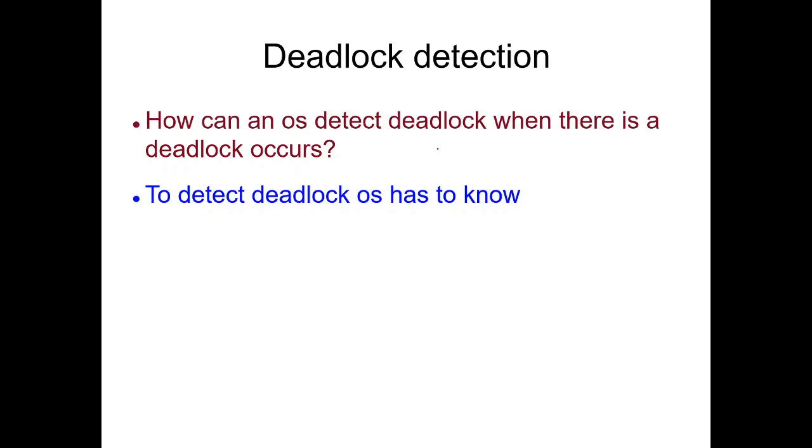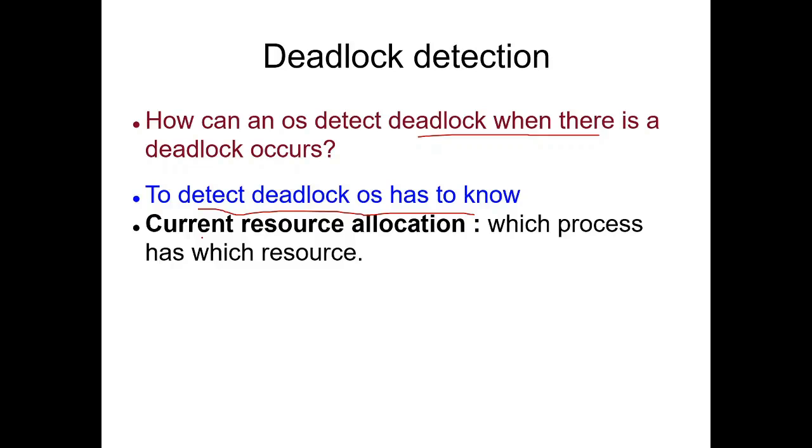How can the operating system detect a deadlock when it occurs? It is very important for the operating system to understand whether the system has gone into a deadlock or not, and whether some of the processes are stuck. Even if the deadlock occurs, the operating system has to know how to handle that situation.